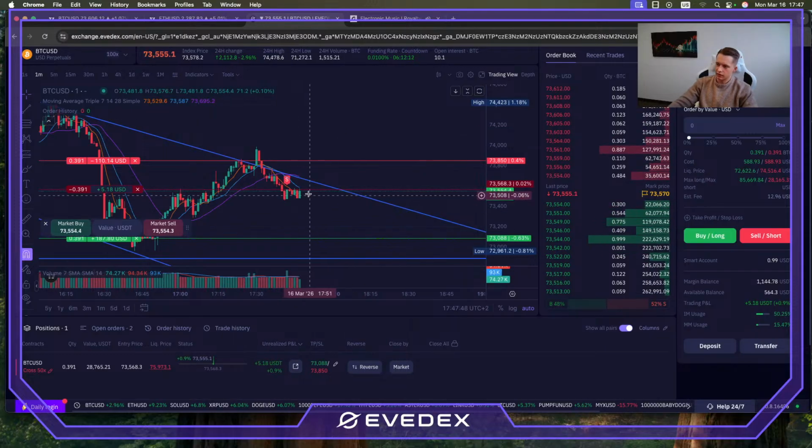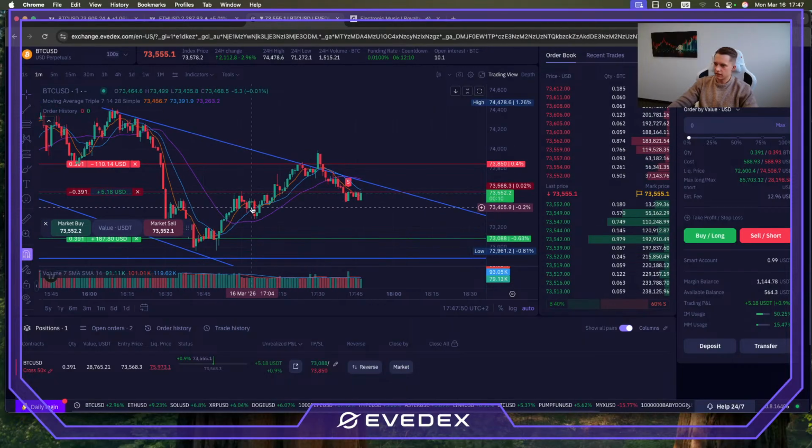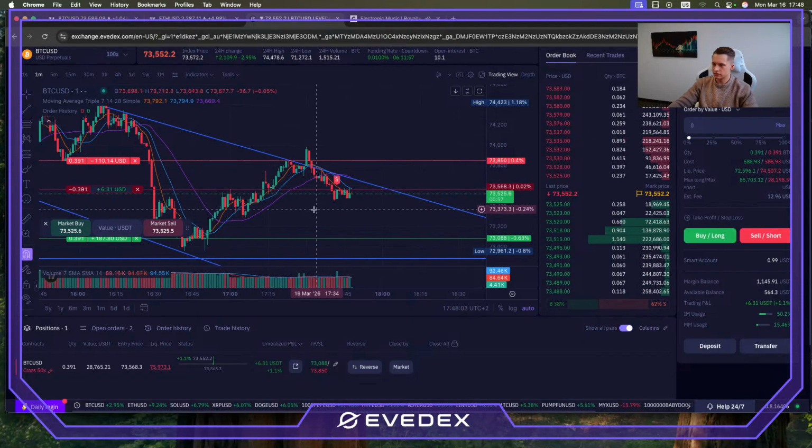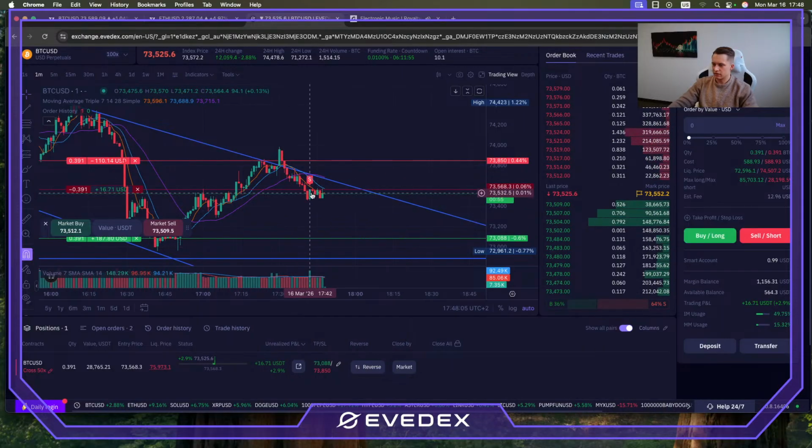So what's happening currently is a movement we've got around here. Not much movement, mostly sideways, and then the price does continue. Here we could expect the same thing.